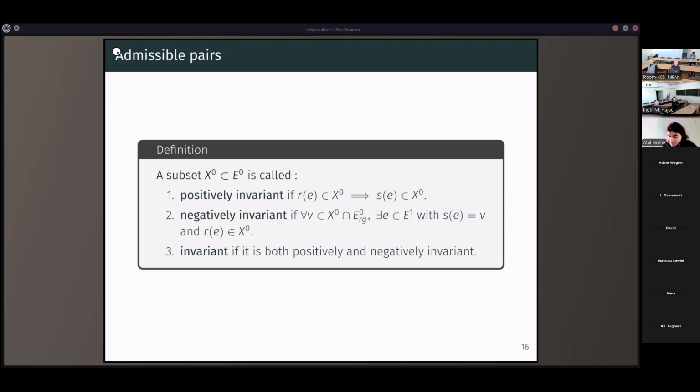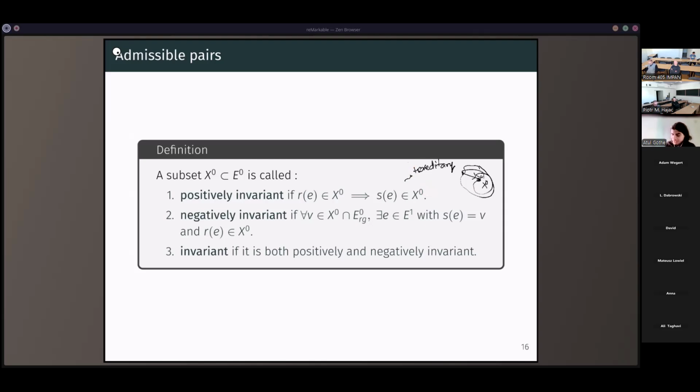A subset x0 inside the vertices E0 is called positively invariant if whenever there exists an edge that ends up in x0, then it should have started in x0 as well. And negatively invariant is something related to the hereditary subsets.